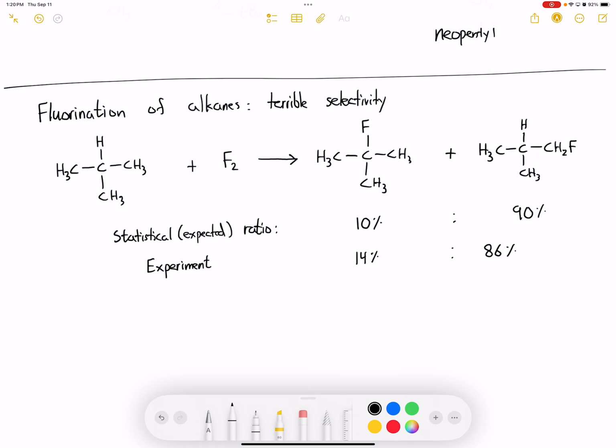So here we could say fluorine doesn't care. It doesn't have a preference for which hydrogen it abstracts. And that's because if you go through a primary radical or a tertiary radical, fluorine doesn't care. The activation energies are very low for either one.